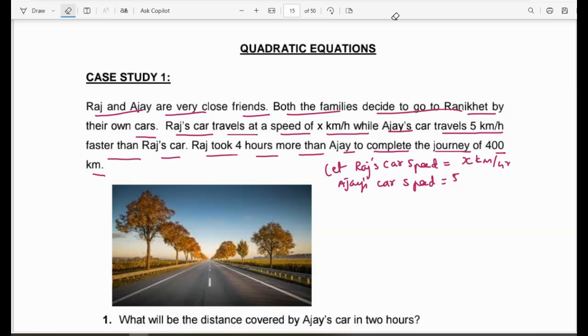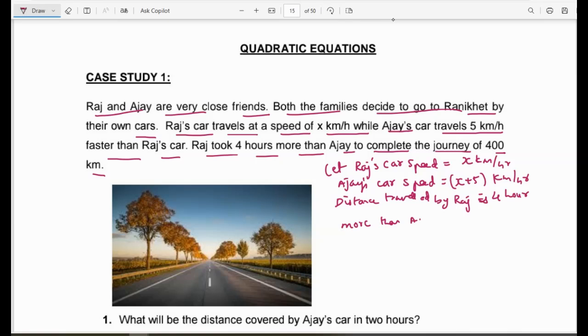Then the distance traveled, the time taken by Raj is 4 hours more than Ajay.